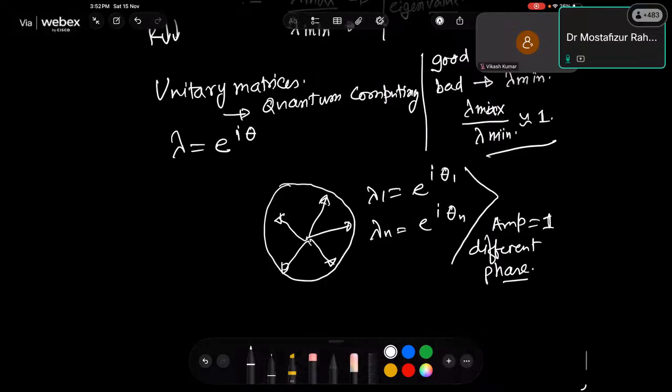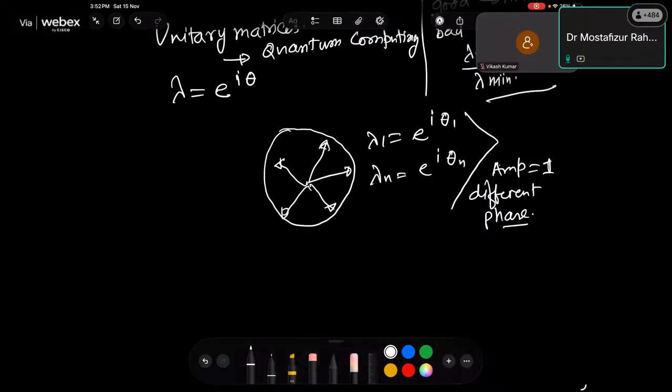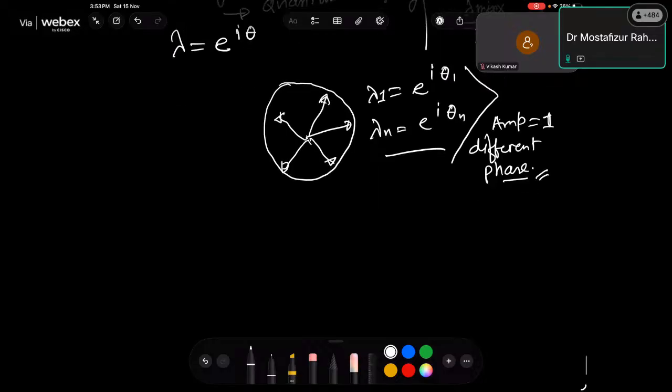So the health of a unitary matrix is excellent. This is just by direct definition, but I haven't considered the phase factor here, so there are other things to compute health. Now this part we have to take care of when we calculate the inversions.